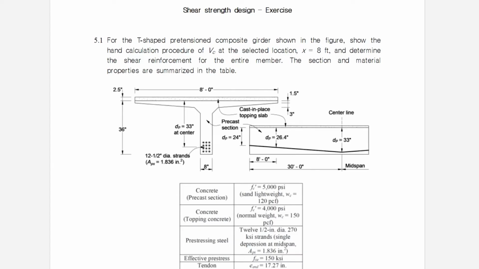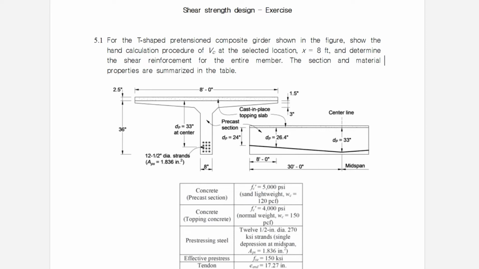Shear strength design exercise. We have two examples. Both are from the PCA notes. In PCA notes, ACI 318 equations were used. And in this example, I use modified equations.